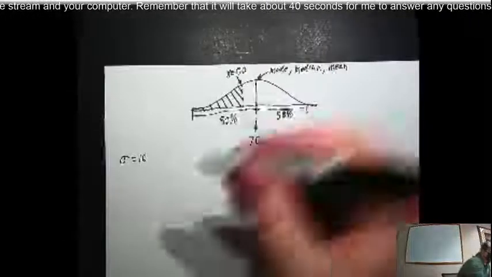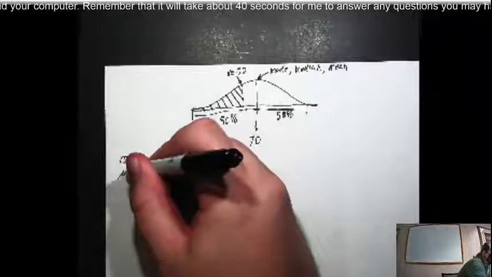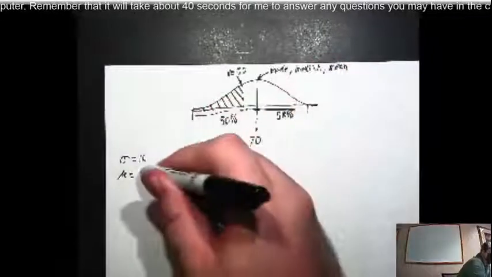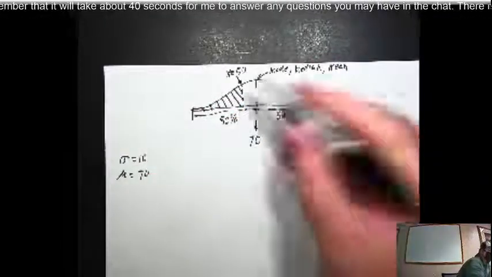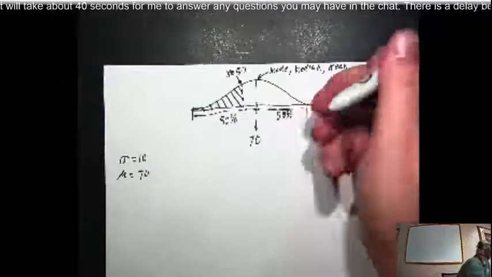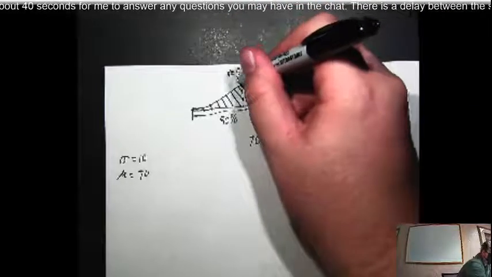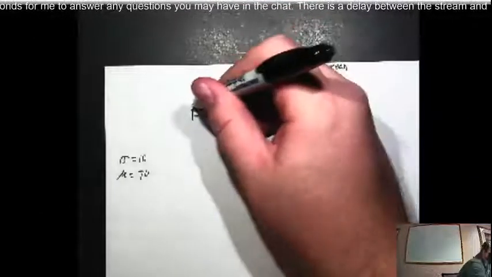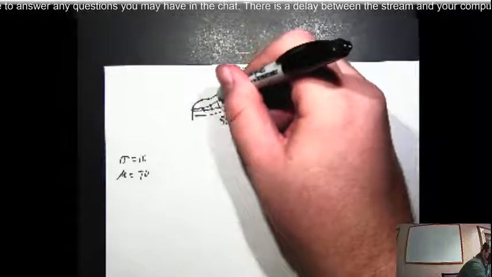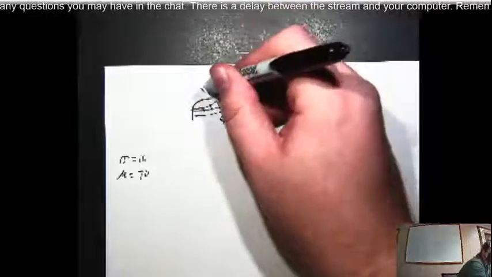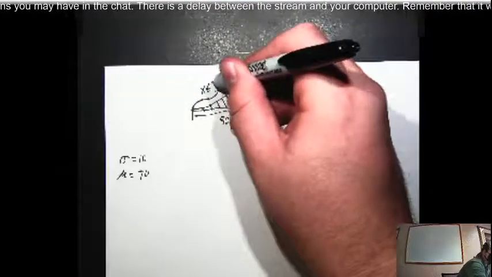Okay, just to organize our data a little bit more, mean mu is 70, and then our x, we want to find this part right here, which would be x is less than or equal to 50.